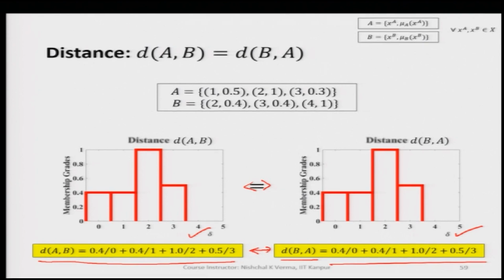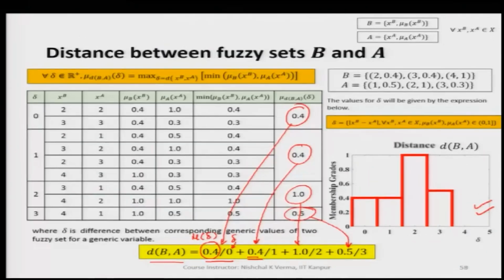So, by now we have understood very clearly how we can find the distance between any two fuzzy sets. We will first find all the possible values of the delta, the difference, from the given fuzzy sets, like we have seen in this example, and then we find all such pairs for which we are getting the different delta values.